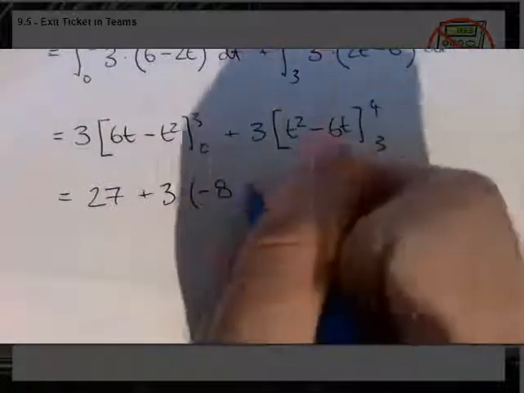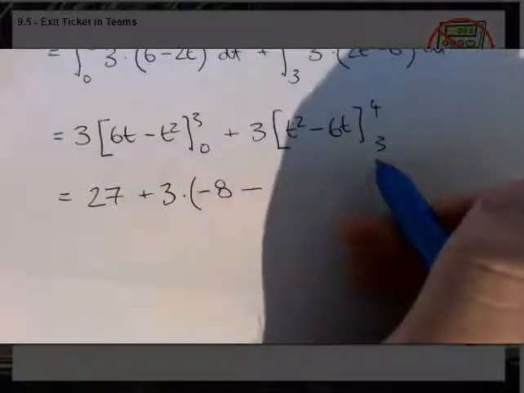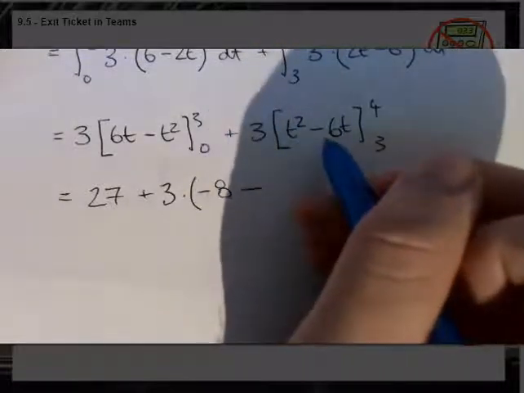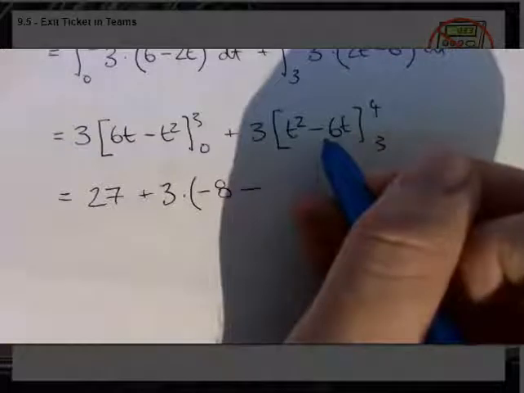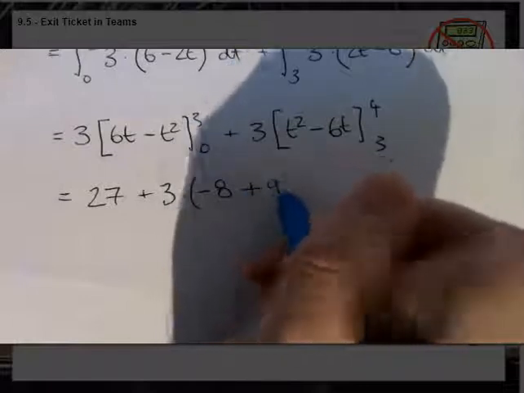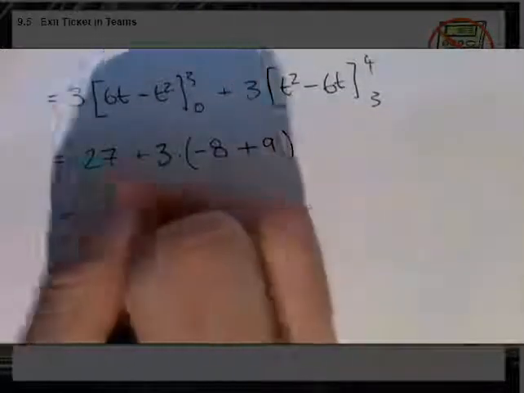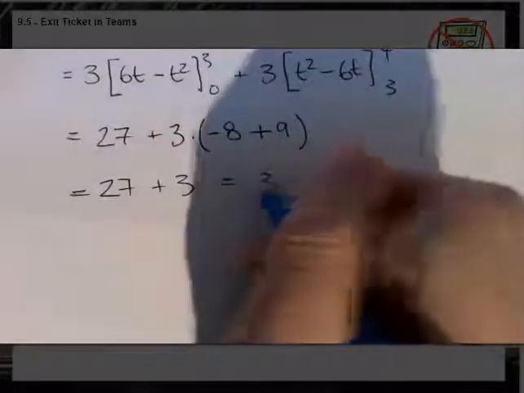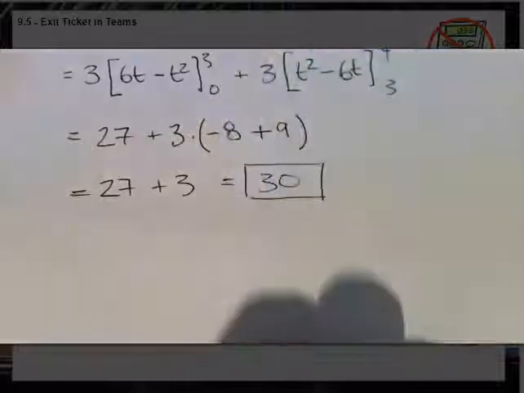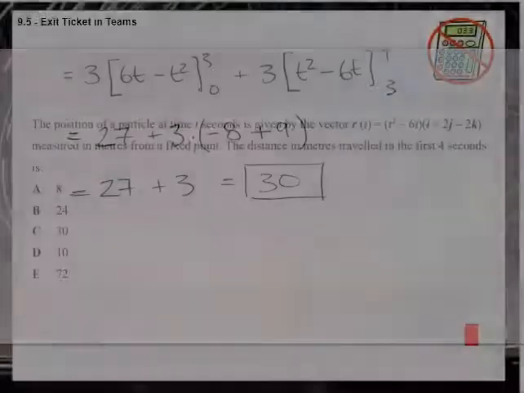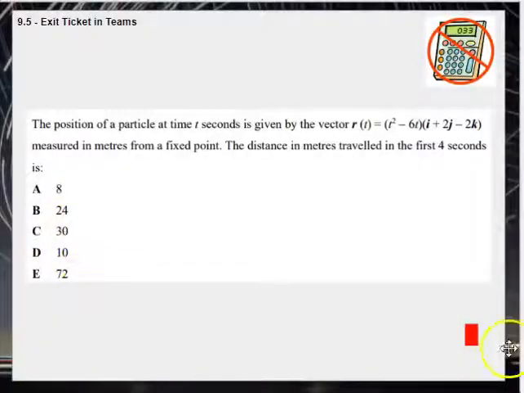And then take away, substituting in 3, 9 minus 18, so that's minus 9, so that's plus 9 overall. So this is 27 plus 3, which is 30, which is one of the answers. And I think that was answer C, which is correct.